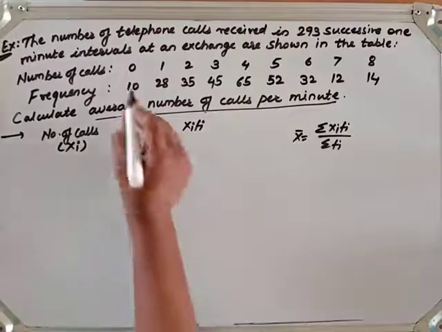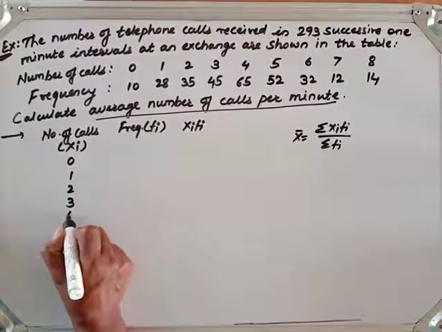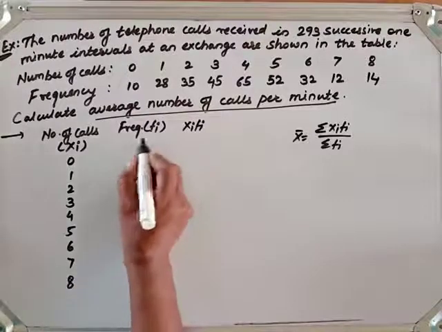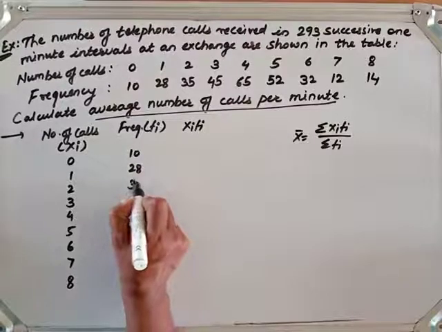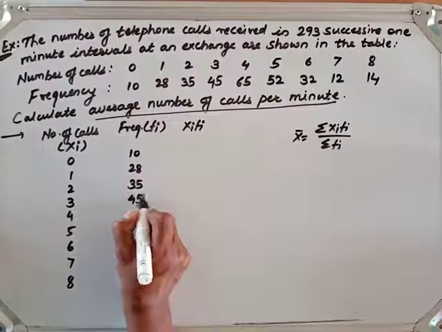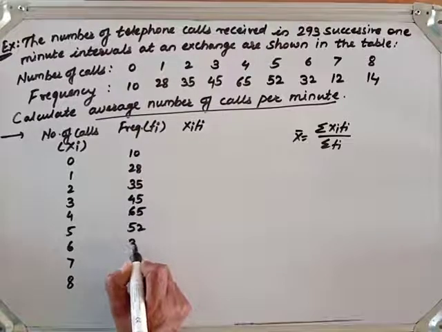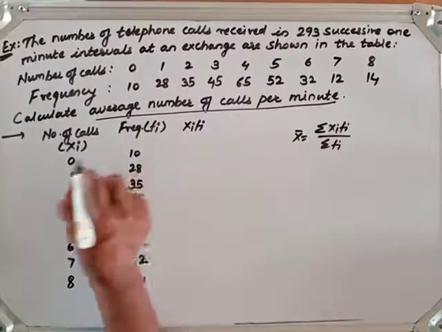So let me write the number of calls: 0, 1, 2, 3, 4, 5, 6, 7 and 8. Corresponding frequencies: 10, 28, 35, 45, 65, 52, 32, 12 and 14. Let us take the product of them.